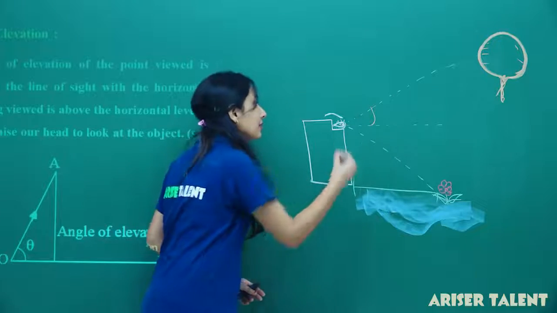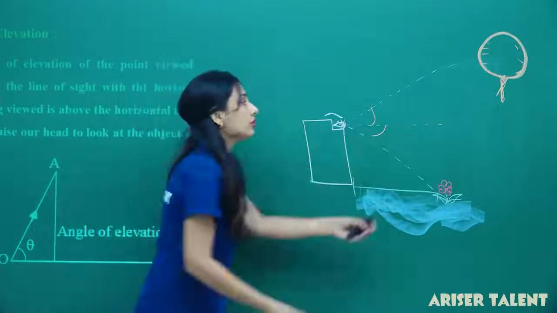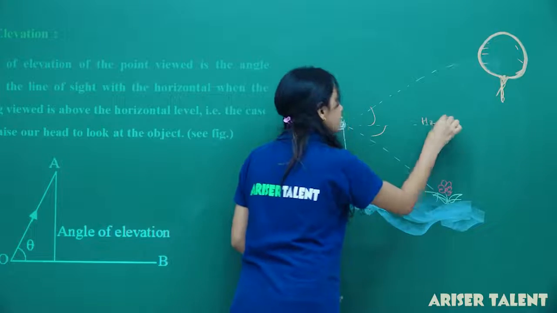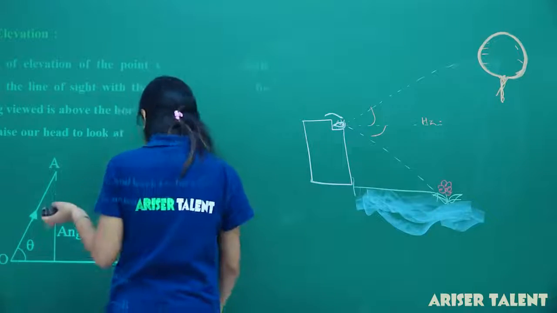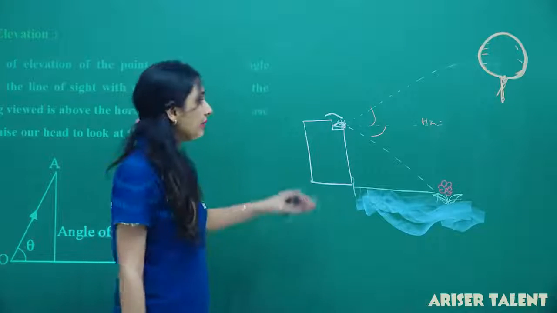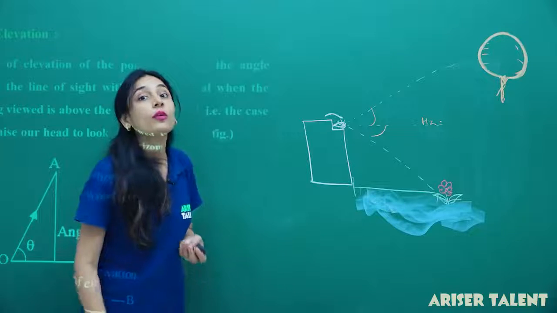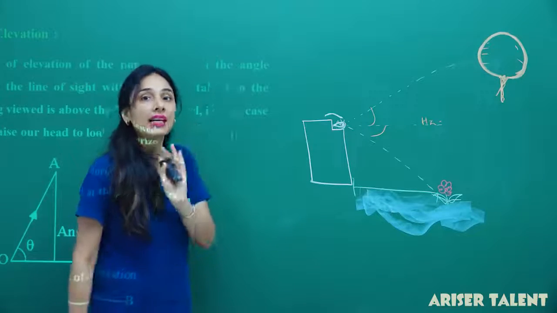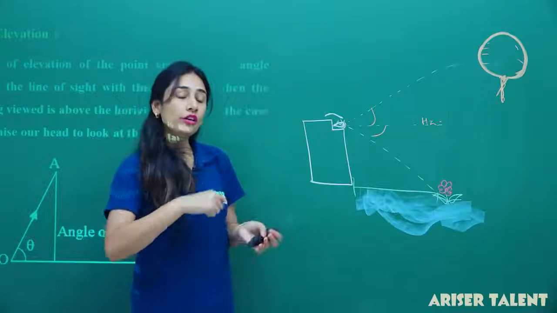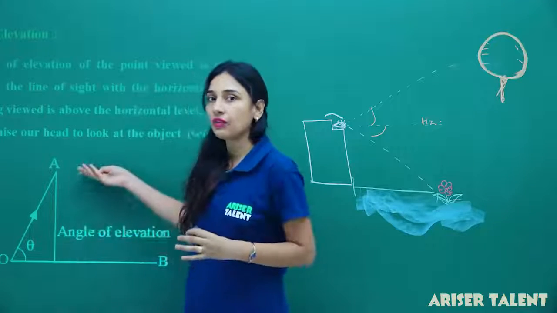Now this is some angle, right? And this is some angle. This is your horizon. So if I see upside, I'll call it angle of elevation, and if I am sighting downward, I'll call it angle of depression. It's so simple, students, actually, but we'll just put that in our language like this.